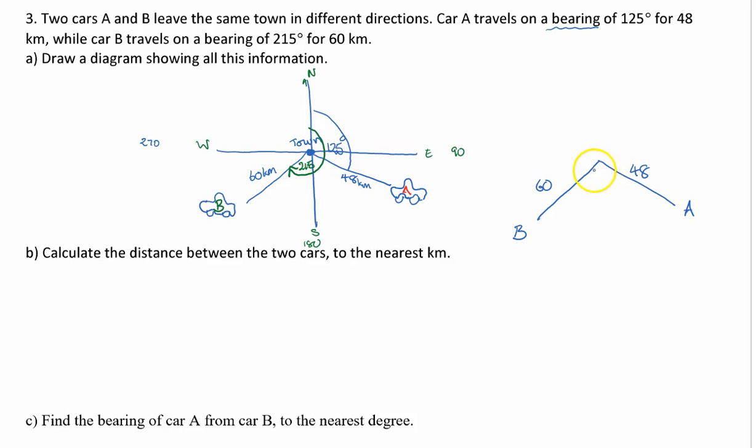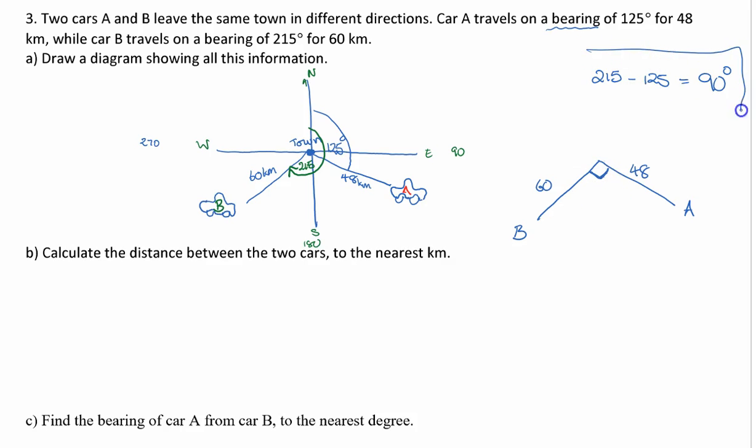Probably you could see ideally we might want a right-angled triangle in here, but we can't just assume that. What we do know is that right around to B was 215 degrees. If we work out the difference between that and 125, then you can see now that yes, that difference is 90, which sits in here.